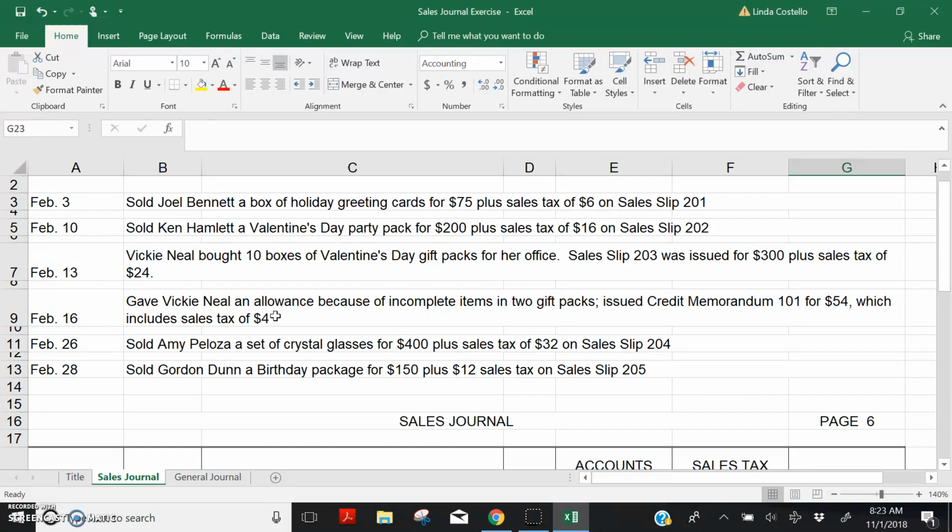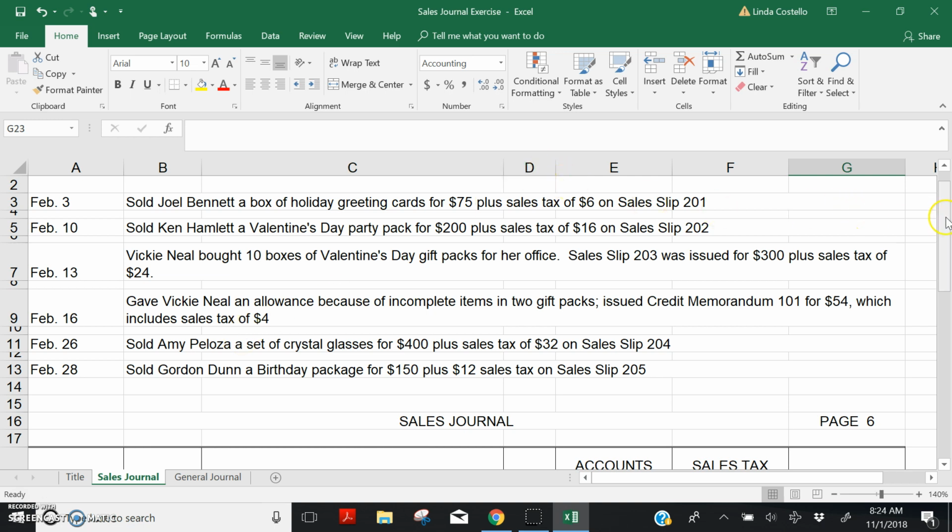In other words, the merchandise we sold her on February 13th was faulty, and we agreed to reduce the price we charged her by $54, which includes a reduction in sales tax of $4. To record this transaction, we will need to debit sales returns and allowances for $50, debit sales tax payable for $4, and credit accounts receivable for $54.